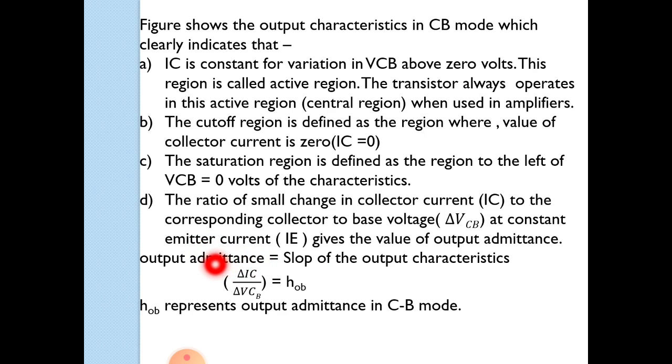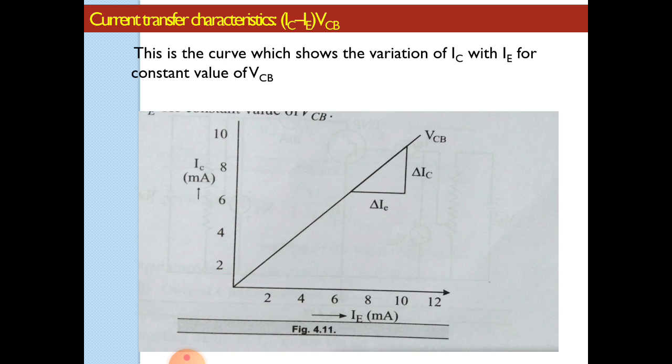Hence, we can write del IC upon del VCB equals HOB. HOB represents the output admittance in the CB mode. So this is the output characteristics in CB mode.